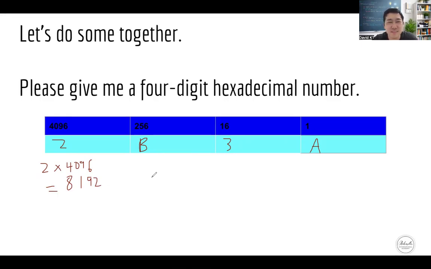So next, B is equal to what? That's right, 11. So 11 times 256, which gives you what?